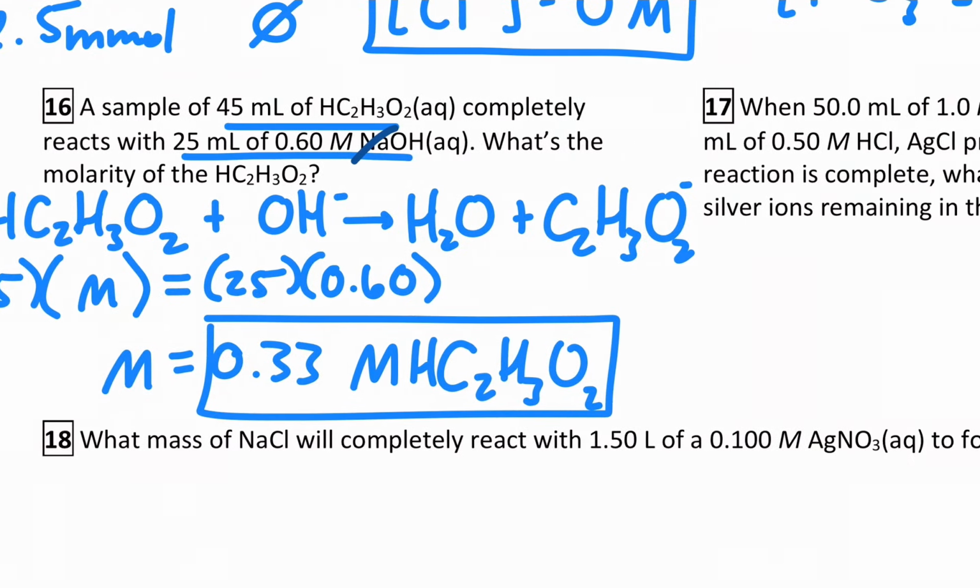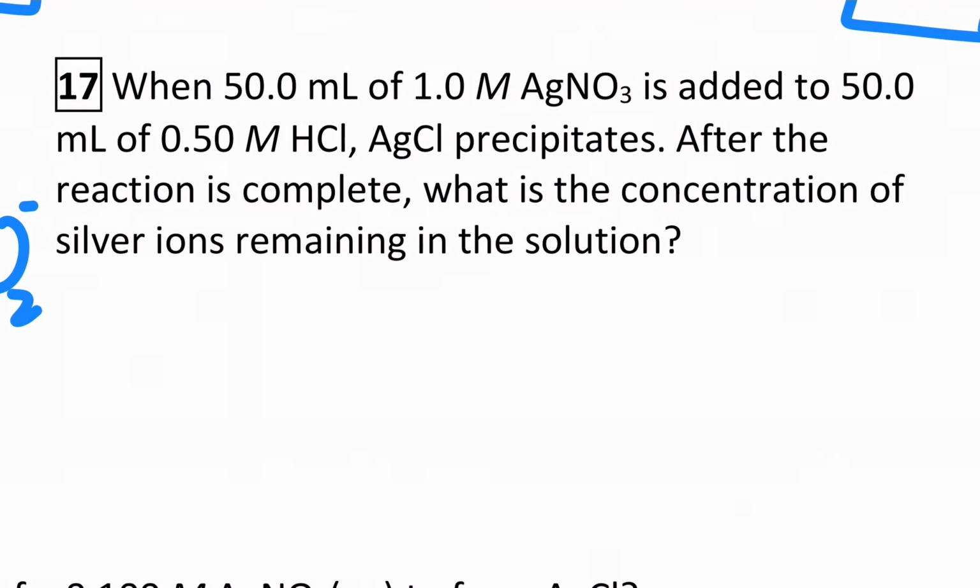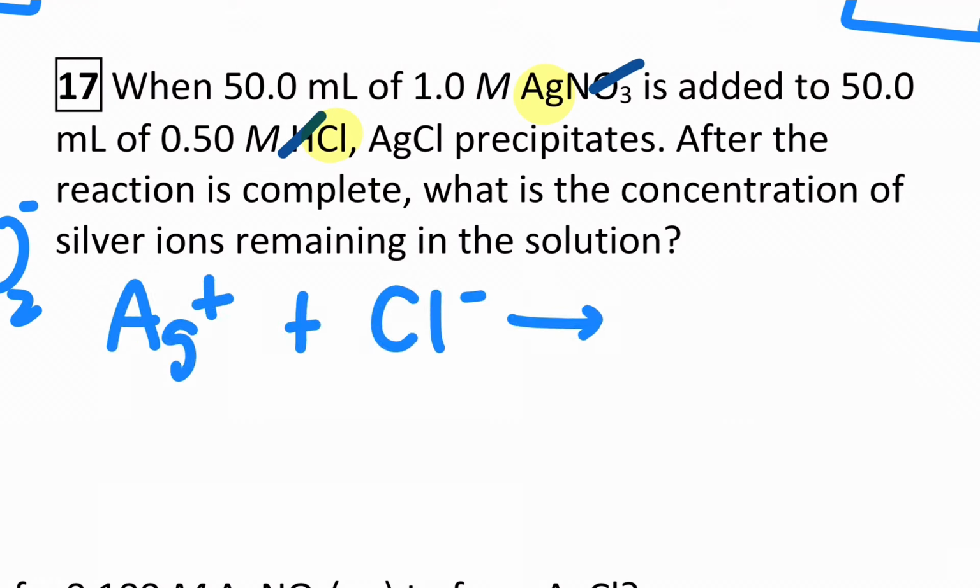Right next to it, this is not an acid-base reaction, this is a precipitation reaction. This is silver ion, cross out your spectators, nitrate, and in this case the H+ is actually a spectator for problem 17, although I just looked at it by finding the precipitate, silver and chloride. So I have silver ion plus chloride ion makes AgCl. I have 50 mils of 1.0 molar.